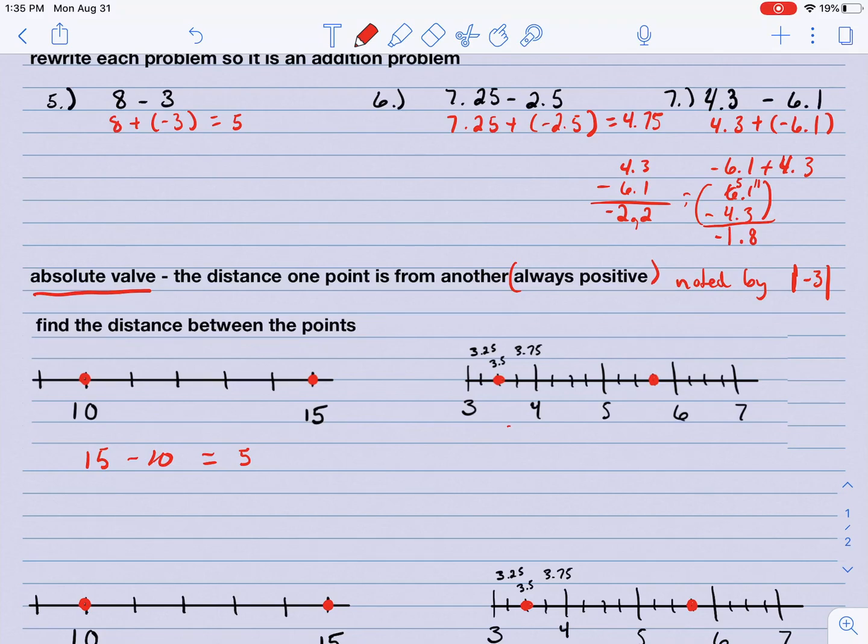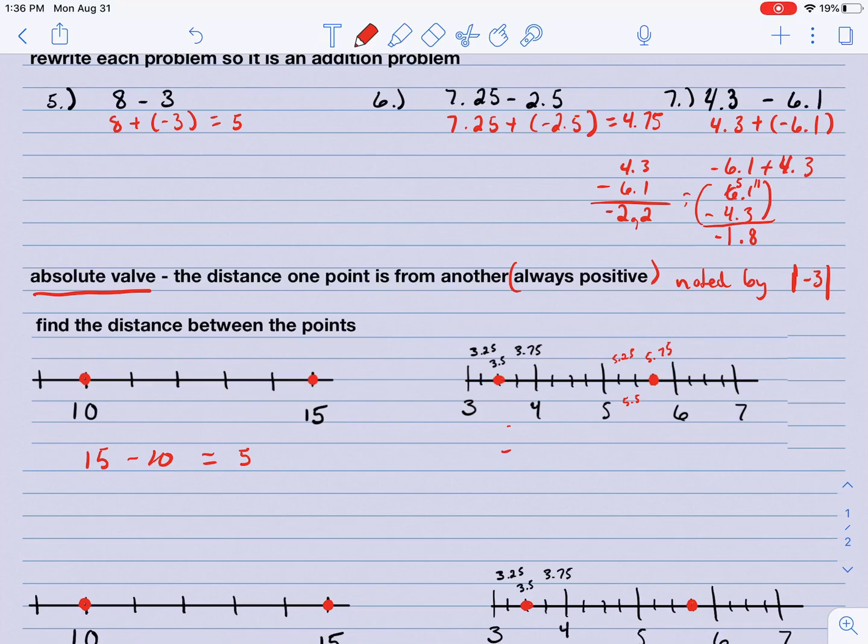Okay, so likewise, this point right here is on 3.5, and each of these tick marks represents a quarter, or 0.25. So if this is 5, that'd be 5.25. This would be 5.5, and then where the red mark is, that's going to be on 5.75.